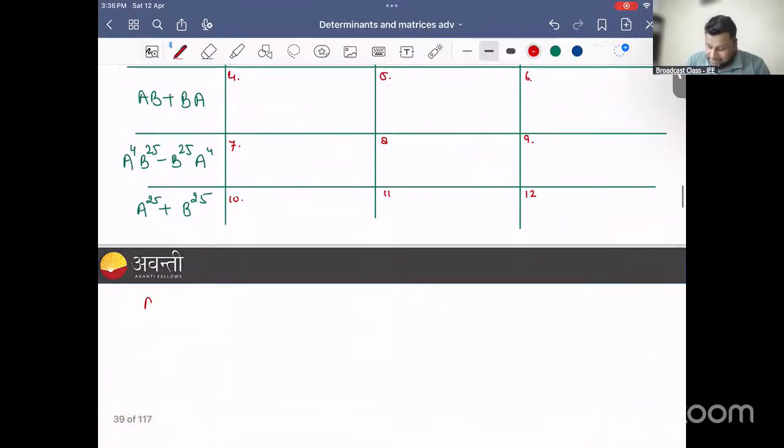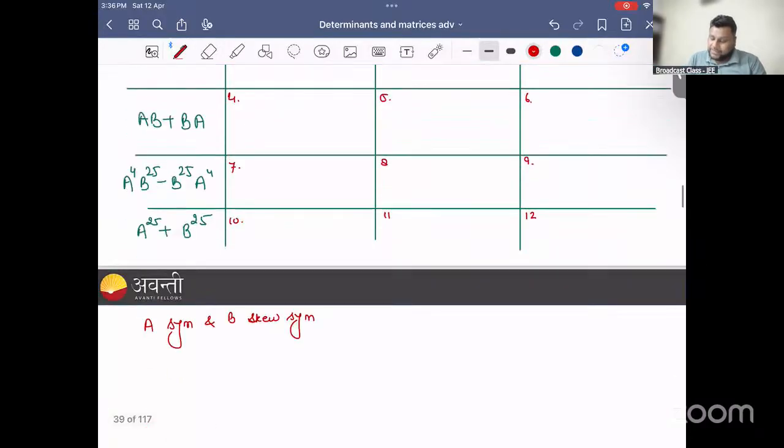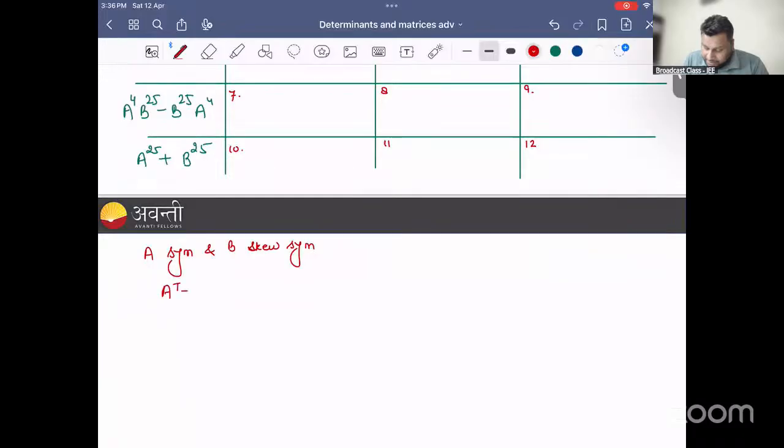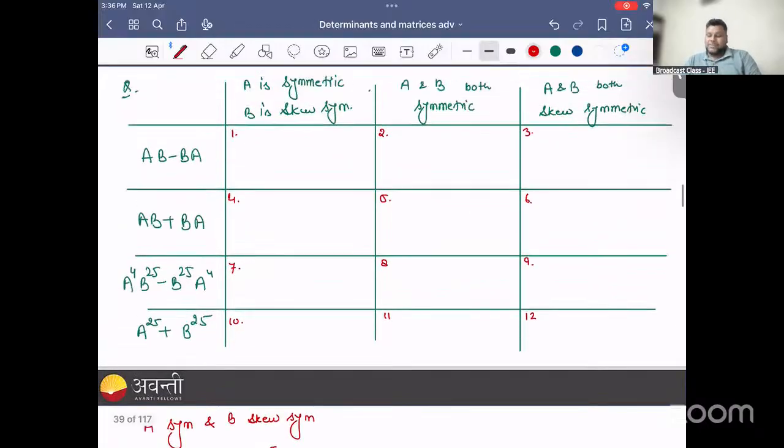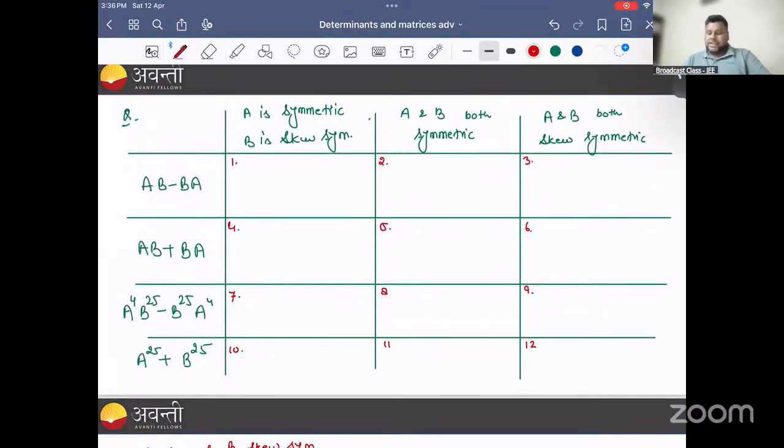First part is A symmetric and B skew symmetric. So A symmetric means A transpose is equal to A, and B skew symmetric means B transpose is minus B. A transpose is A and B transpose is minus B.